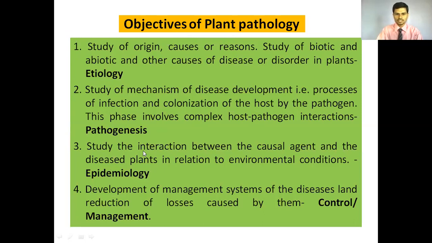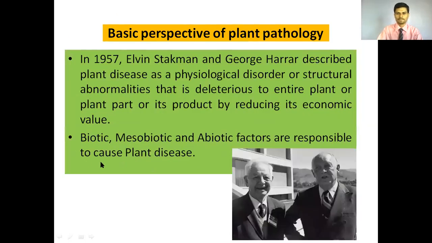Then epidemiology: the study of interaction between the causal agent and the diseased plant in relation to environmental conditions. Then control or management: development of a management system for the disease and reduction of the losses caused by it.